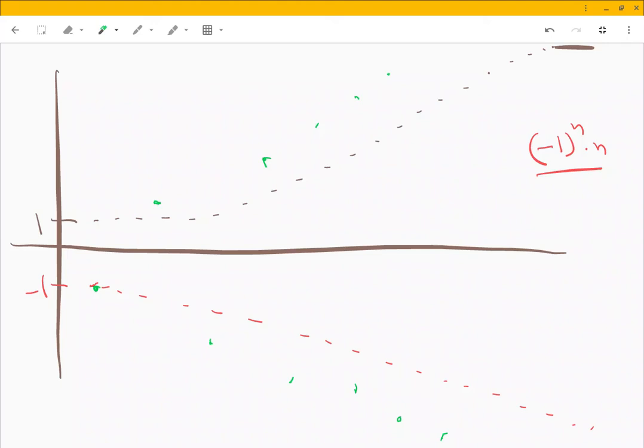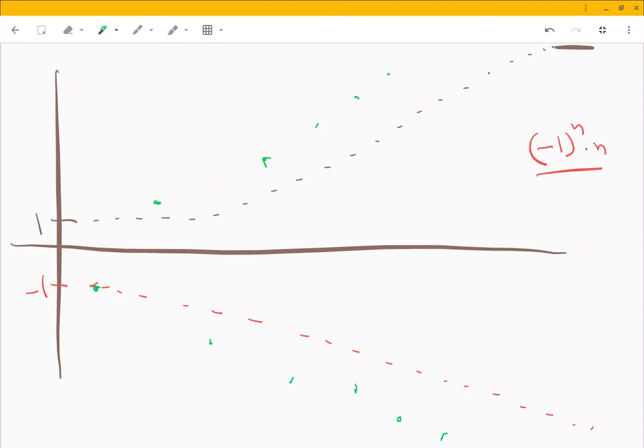And then this green sequence, it is unbounded, neither bounded above nor bounded below, right? We won't call the brown sequence unbounded. We will call it bounded below. Red sequence we will call bounded above. And this green sequence we will call unbounded, right?